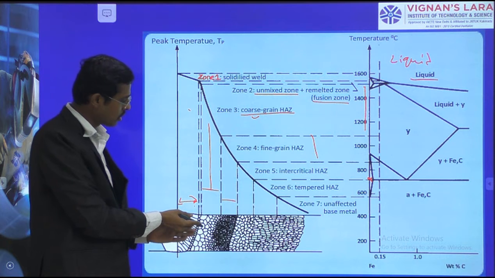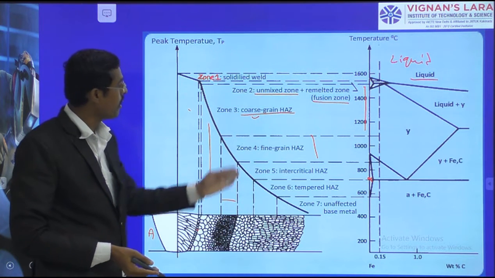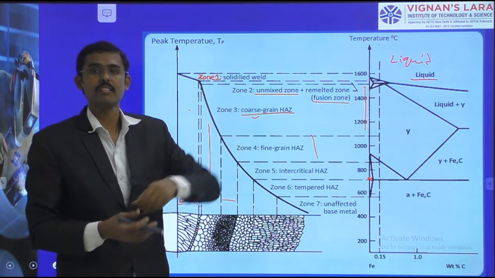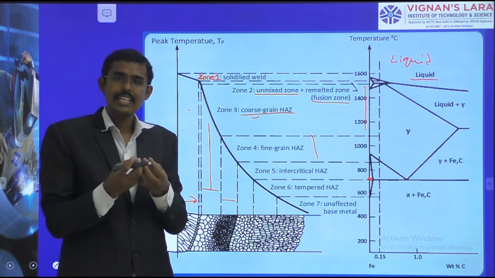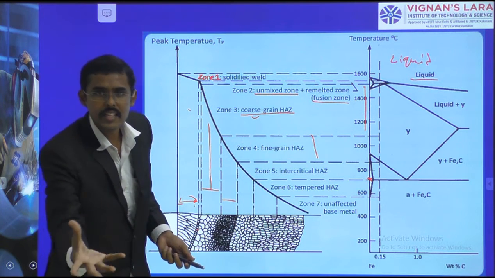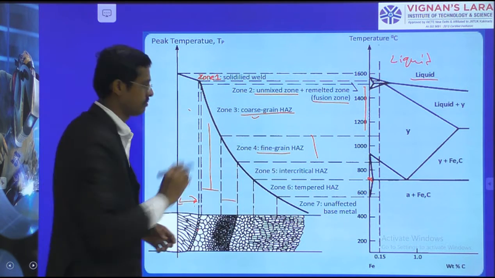So here it is absorbed at 1200 temperature, here around 1000. As compared to the coarser grain, the temperature is lesser, so it is not finding time to develop the grains into coarser ones. Therefore, it is nucleated and then solidified. So we are naming this a finer grain zone.